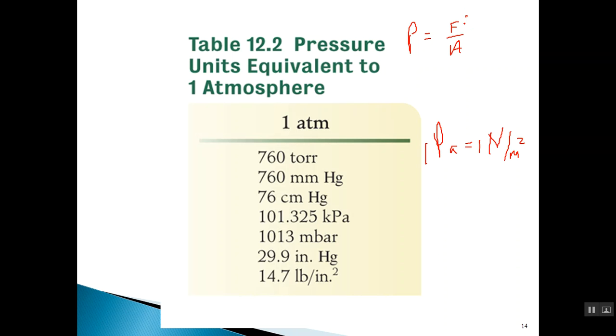Force can be expressed in newtons and area in meters squared, so the units of pressure would be newtons per meter squared, or pascal. And then from that you can have kilopascals, millipascals, whatever. And the relationship between the pascal and the atmosphere is that 1 atmosphere is equal to 101,325 pascals.